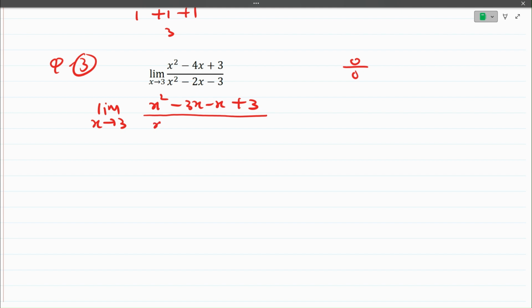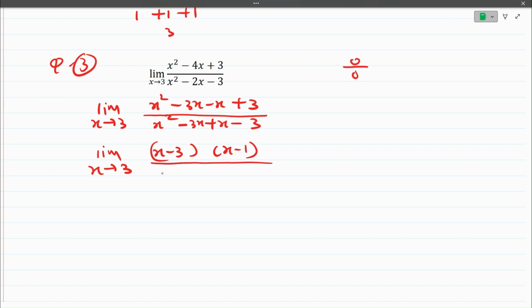So the factorization of the numerator would be x minus 3, x minus 1. And for the denominator, it's going to be x minus 3, x plus 1.